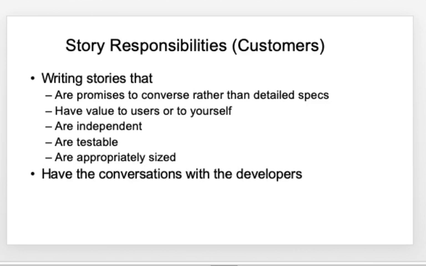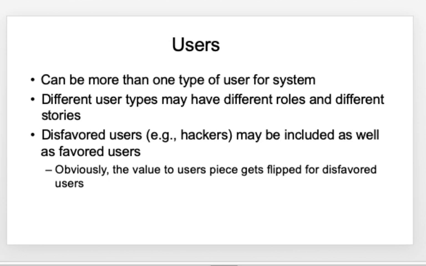If you look at story responsibilities from the side of the customers, they will write user stories that satisfy the INVEST criteria again, and they will strike a conversation with the developer. So to put in very simple terms, I would say conversation and communication are two key things to make Agile successful.